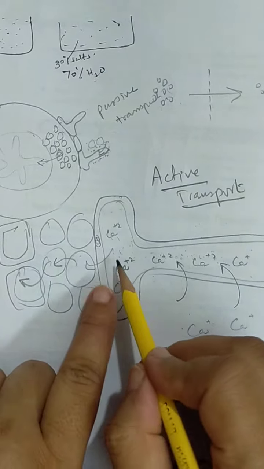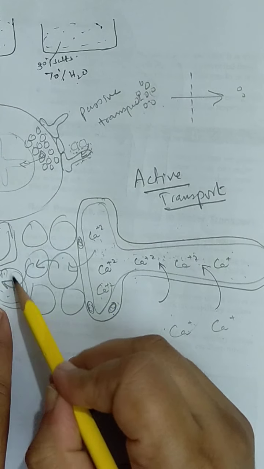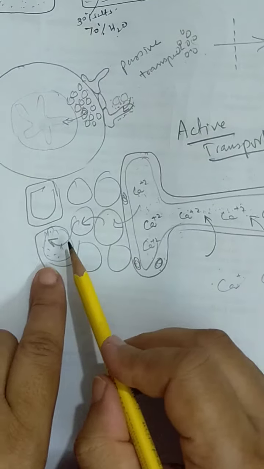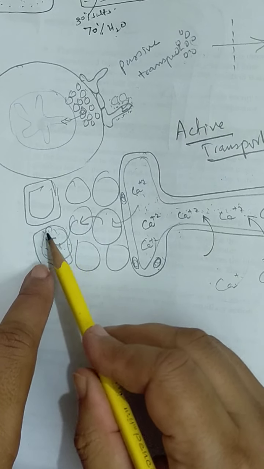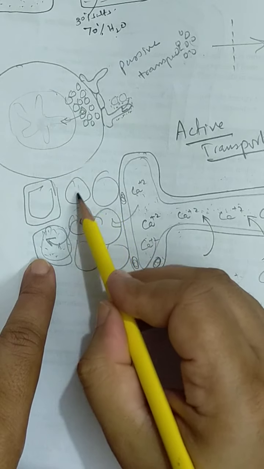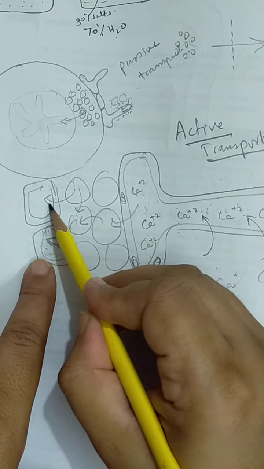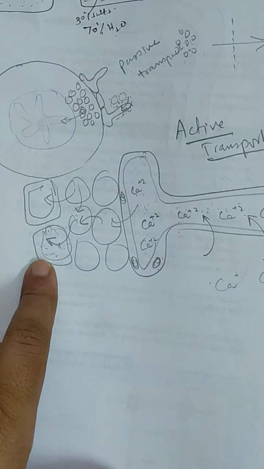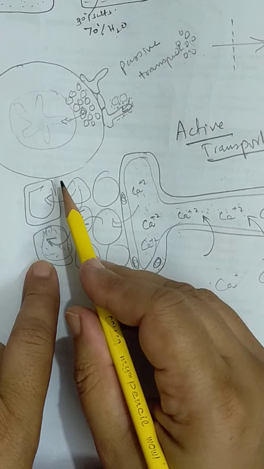Scientists thought that as water and minerals move into the xylem vessels, the concentration of salt increases in those cells and water potential decreases. So from the other cells of the root, water moves into these xylem cells, due to which water moves up.